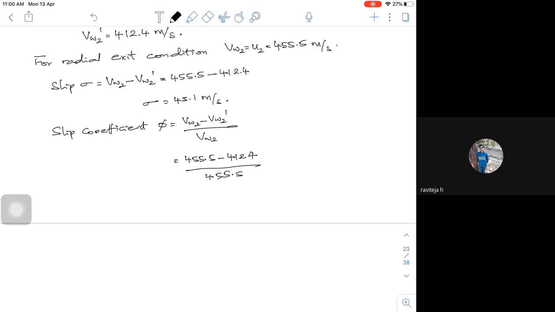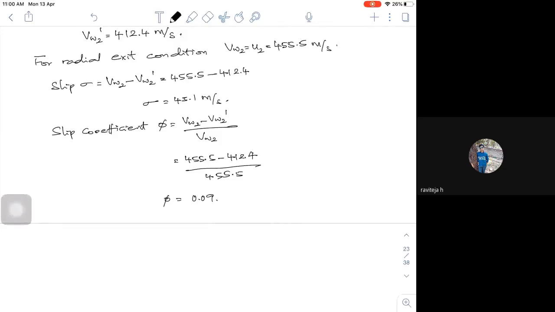So 43.1 divided by 455 is around 0.09 or 0.1, clear, around 0.1. Fine. So this is the corresponding value of your slip and slip coefficient.